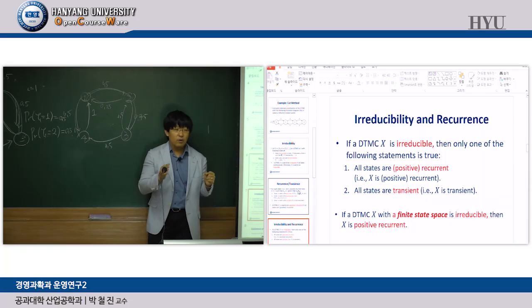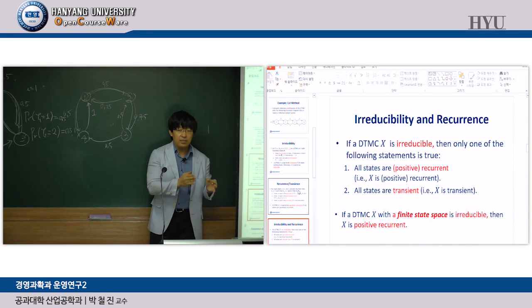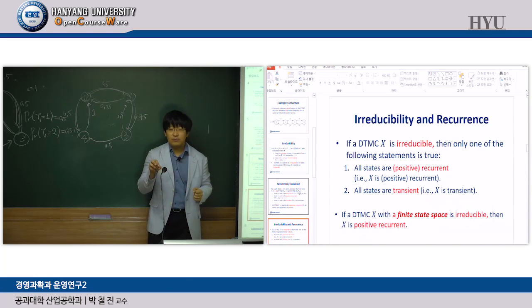So firstly, you can figure out whether the chain is irreducible or not. If yes, then as long as you can figure out the recurrence of one state, this characteristic can be shared with the whole chain. Transience is also the same: if one of the states is transient, then the chain is transient.